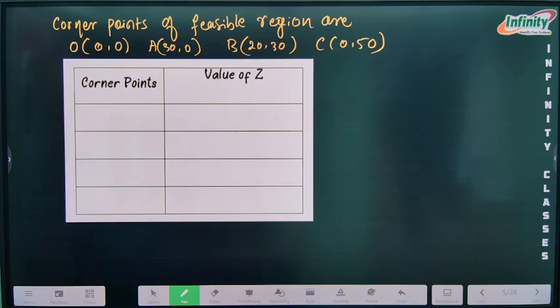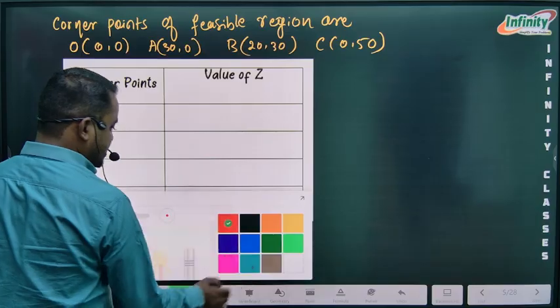Now find the maximum value and minimum value here. So again I am writing the corner points in the table.